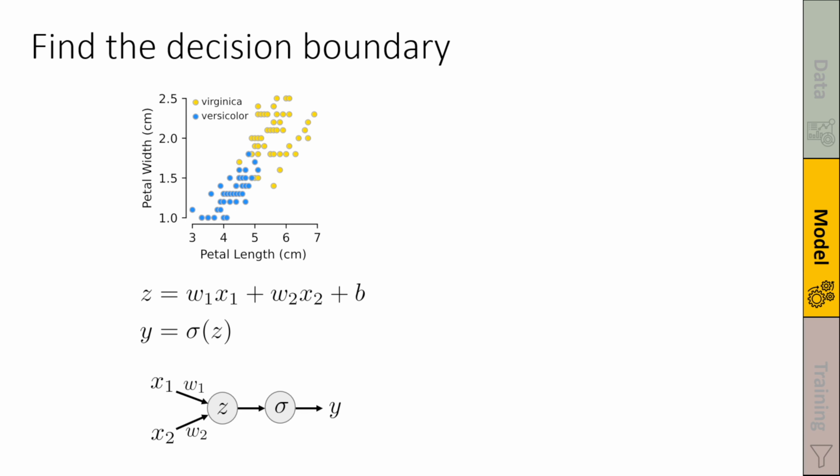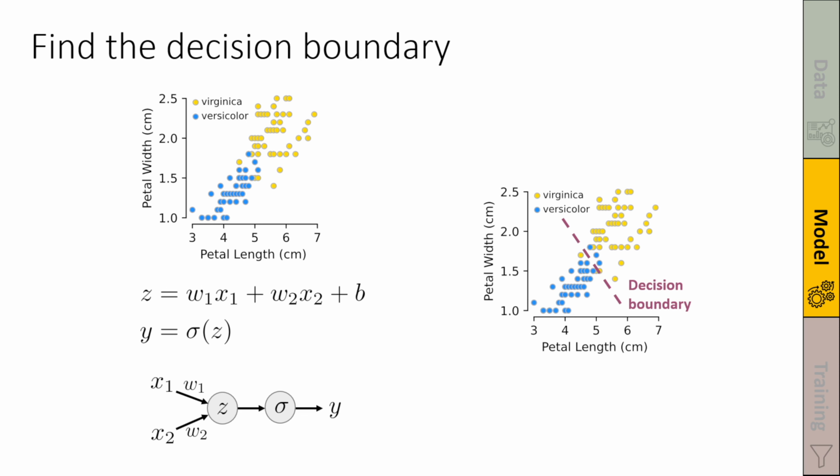So remember that in the previous case where we had a single feature, we were looking for a threshold to perform the classification task. And now that we have a two-dimensional feature space, we are looking for a line in this 2D space that separates the two classes as best as possible. This line is commonly referred to as the decision boundary.